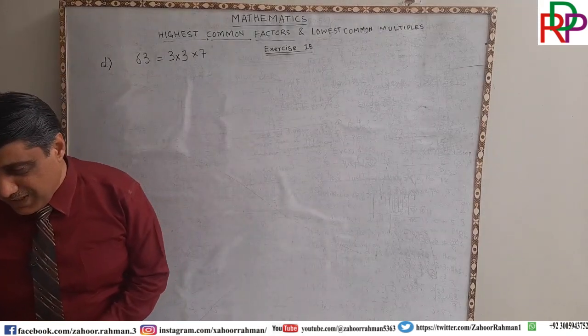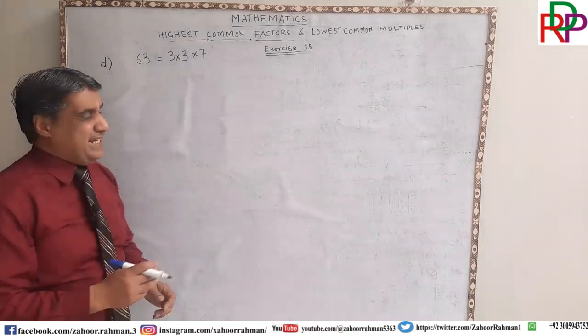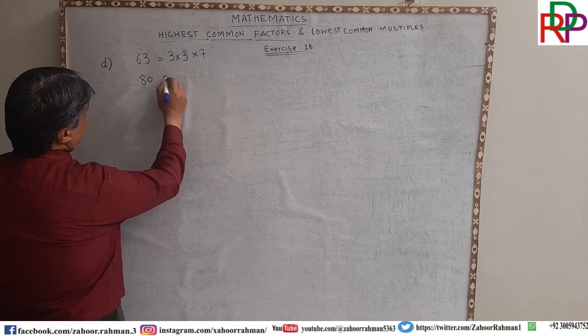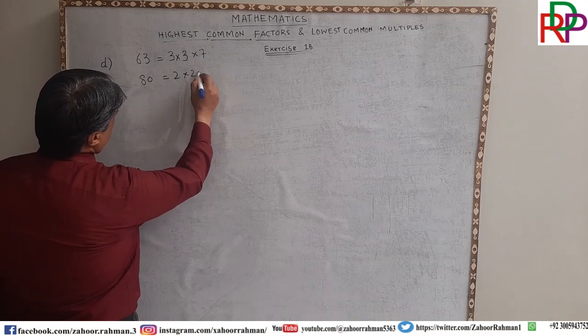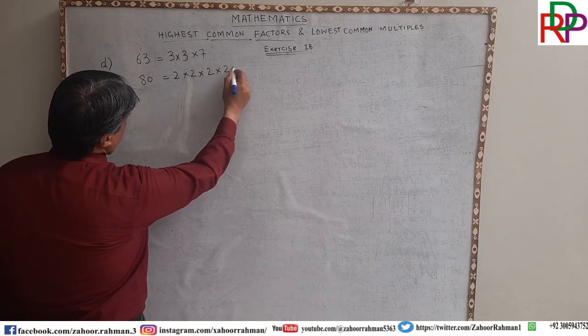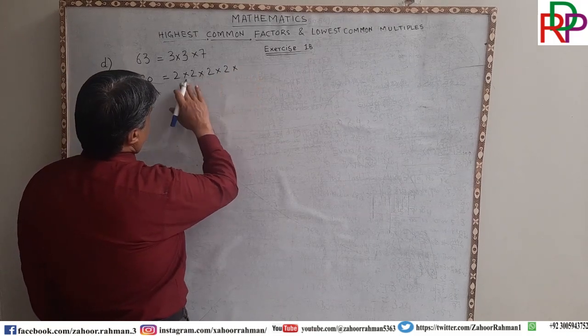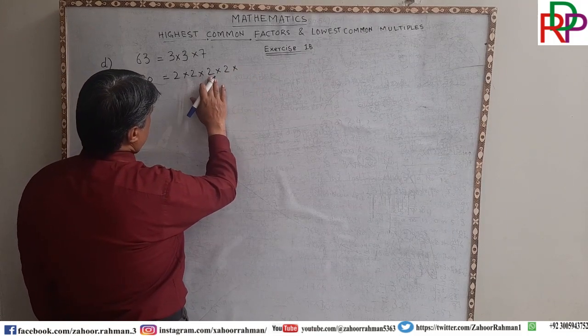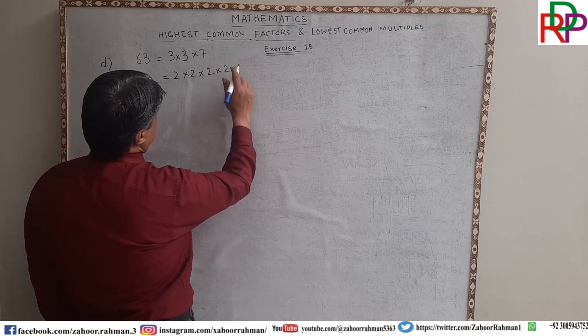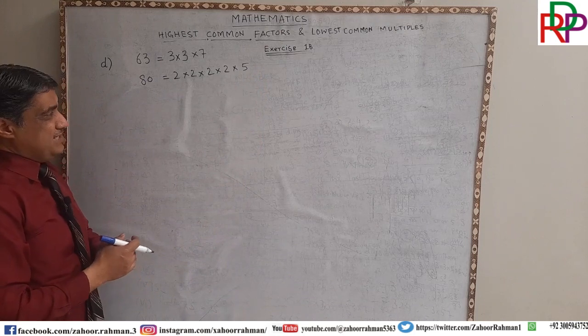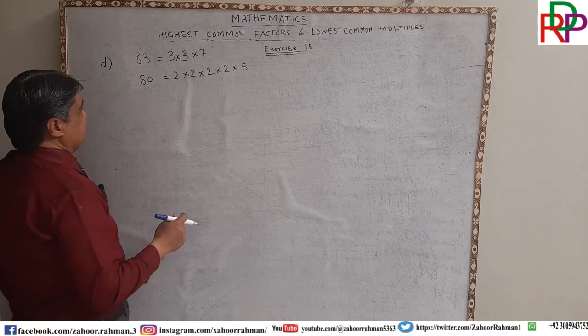The second one is written as 80. That is 2 into 2 into 2 into 2 into 5. 2 twos are 4, 4 twos are 8, 8 twos are 16, and 16 fives are 80.